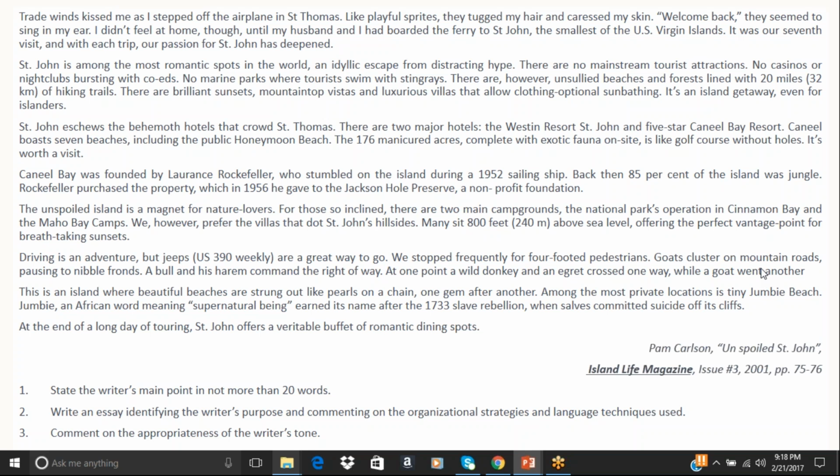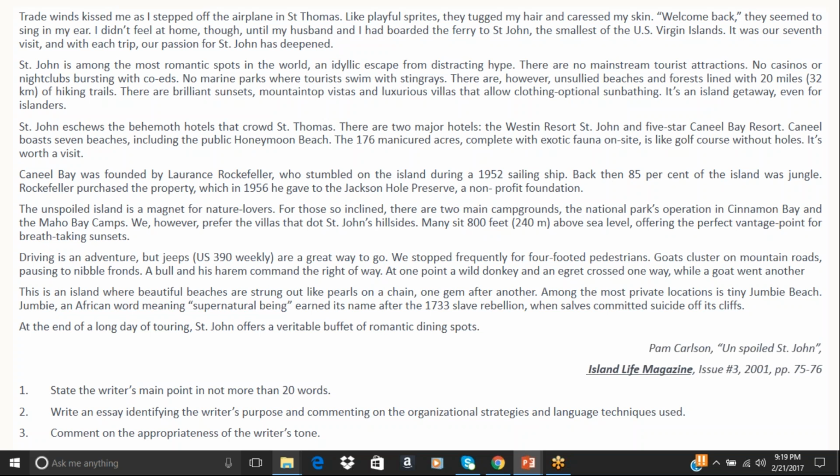Caneel Bay was founded by Laurance Rockefeller, who stumbled on the island during a 1952 sailing trip. Back then, 85% of the island was jungle. Rockefeller purchased the property, which in 1956 he gave to the Jackson Hole Preserve, a non-profit foundation. The unspoiled island is a magnet for nature lovers.